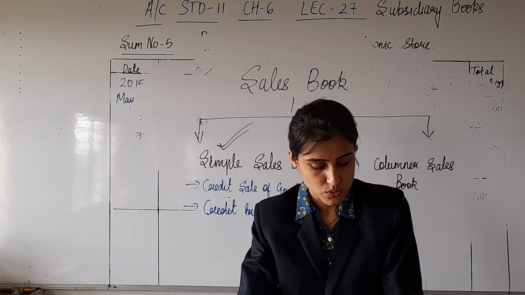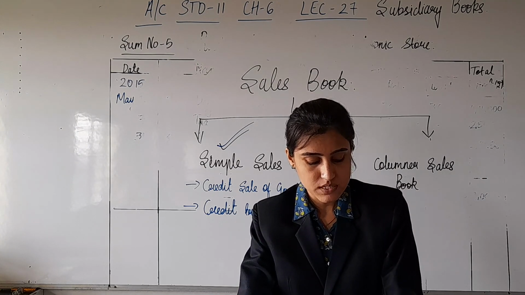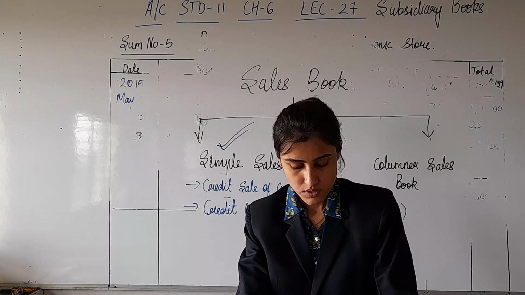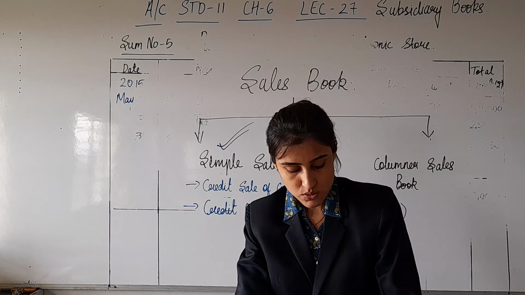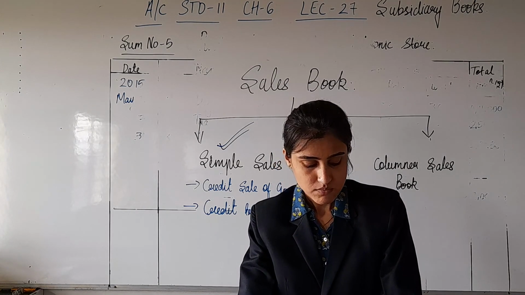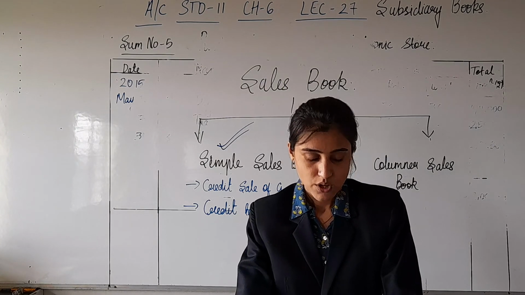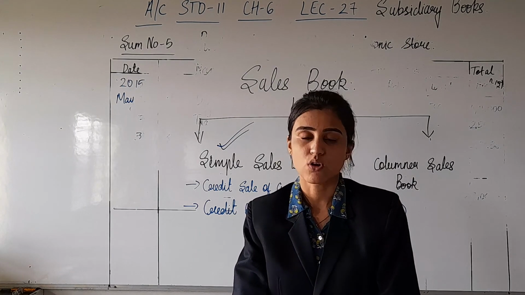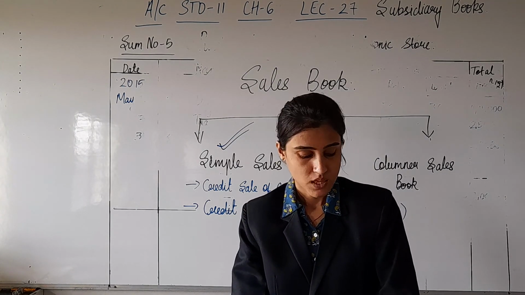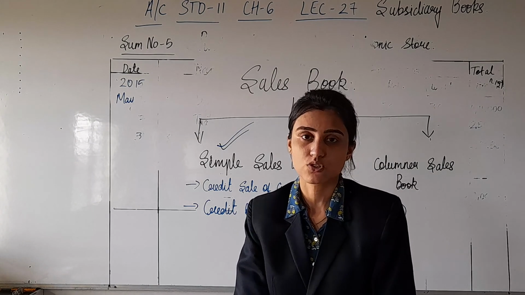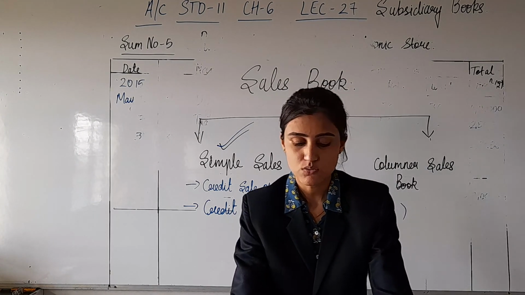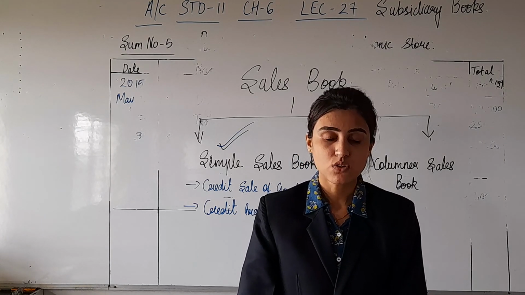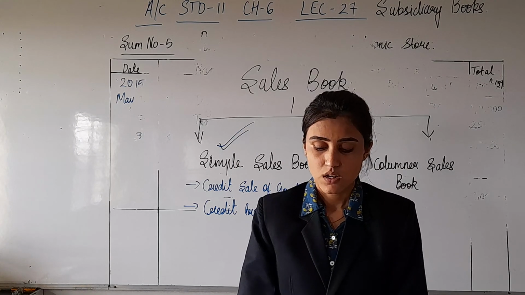Next, on 6th of June, sold goods of rupees 8,000 at 5% trade discount to Anand Stores. Labor of rupees 300. Bill number 1970. Of course, this is a credit transaction and this will be recorded in sales book on 6th of June. Firstly, the date. The name of the customer is Anand Stores. So, Anand Stores account. Bill number 1970 in the column of outward invoice number.